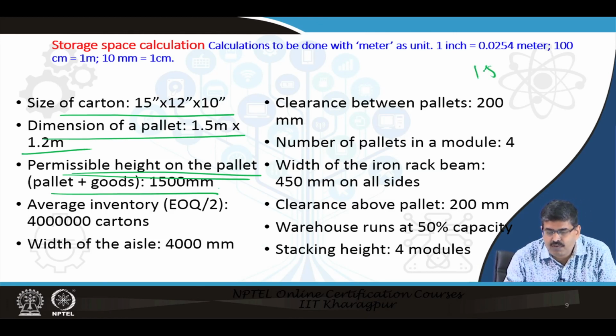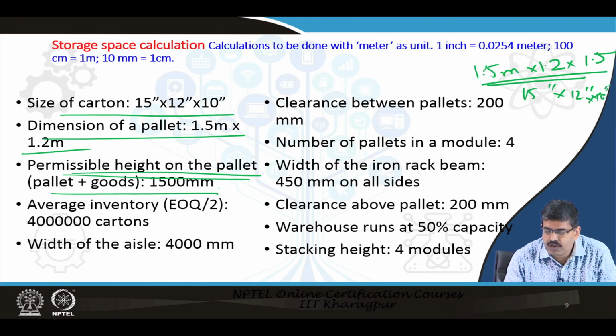So, you can easily calculate 1.5 meter into 1.2 meter into again 1.5 meter, right. Am I correct? 100 centimeter is equal to 1 meter. So, divided by the volume that a carton can hold, divided by 1 inch is equal to 0.0254, so I am putting an inch, you have to calculate into meter.